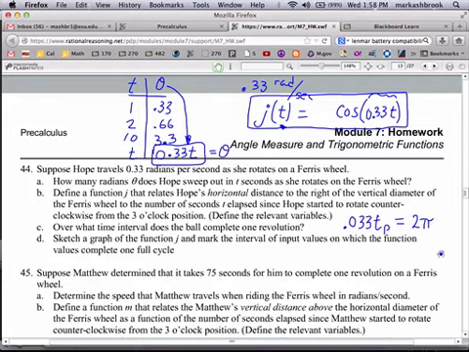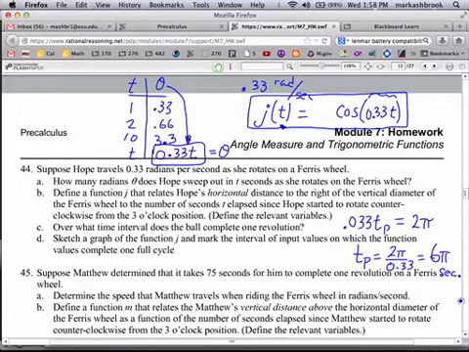So what value of time makes that expression 2 pi, because we know cosine makes a full revolution at 2 pi. So we solve for T_P, which I'm calling the period. 2 pi over 0.33 is about 6 pi. So it takes 6 pi seconds for 1 revolution.